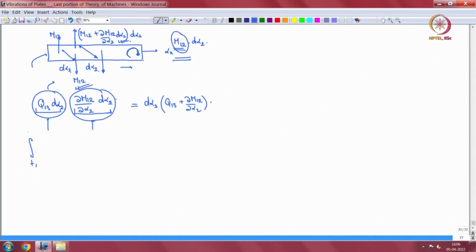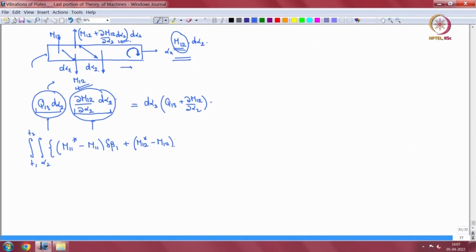It looks like the integral from T1 to T2 of alpha, M11 star minus M11, delta beta 1, plus M12 star minus M12 into delta beta 2.